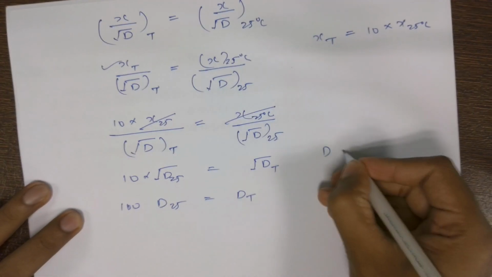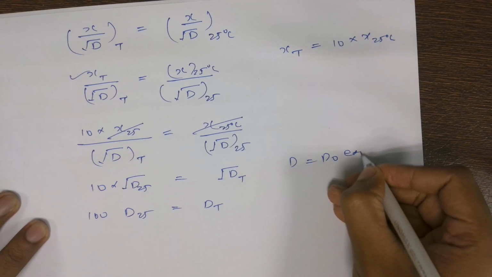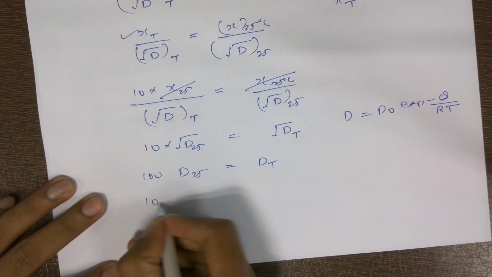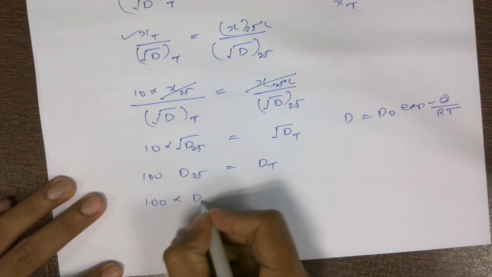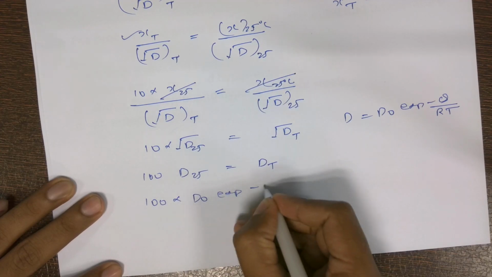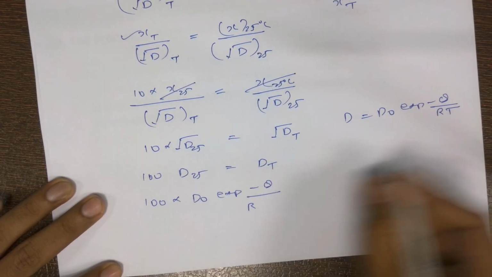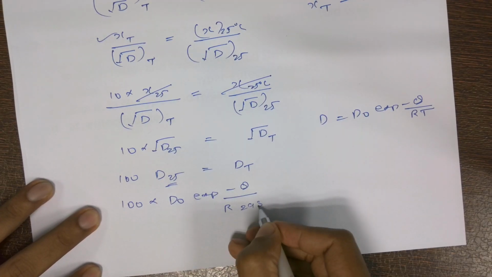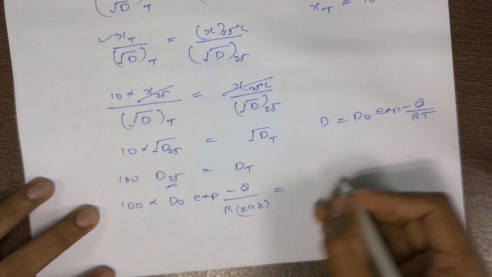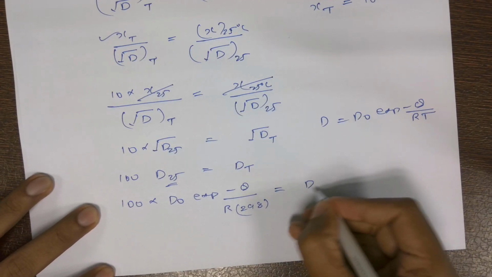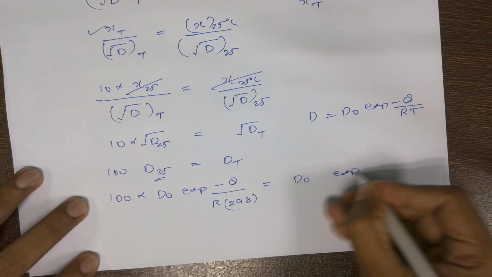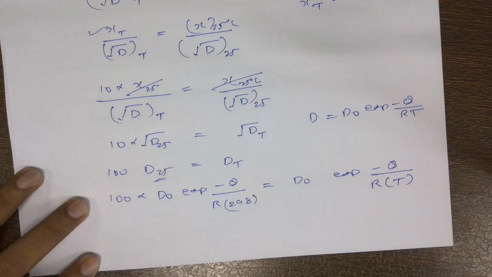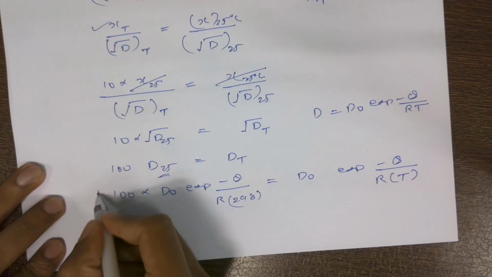We know the relation, D is equal to D naught exponential minus Q upon RT. Let's substitute them. 100 times D naught exponential minus of Q divided by R times T, where T is 25 plus 273, which is 298, and it will be equal to D naught times exponential minus of Q divided by R times the unknown temperature. Now let's quickly have a look at this.